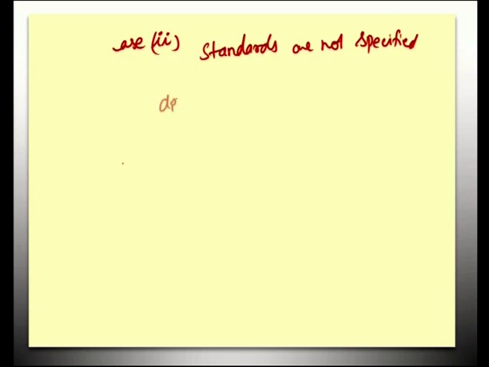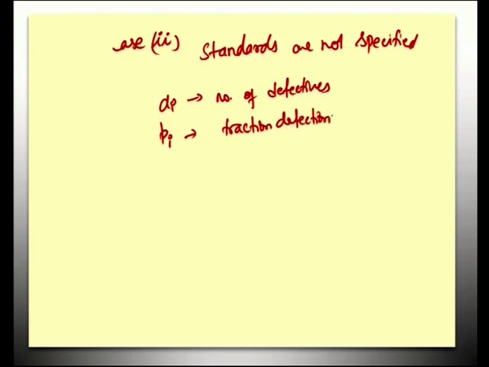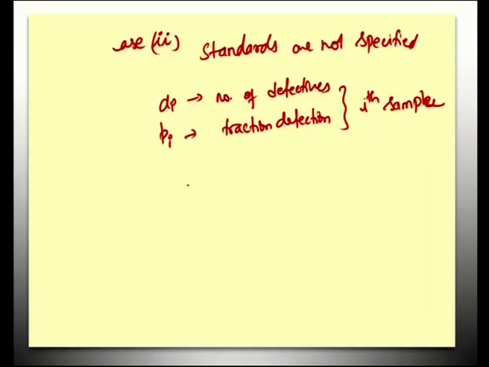Case 2, when the standard values are not specified, that is the population values are not known, then Di is the number of defectives in the ith sample and Pi is the fraction defective for the ith sample, because there are going to be k samples, i equal to 1, 2, 3 etc. So the proportion of defectives will be summation Di divided by summation Ni, i equal to 1 to k.